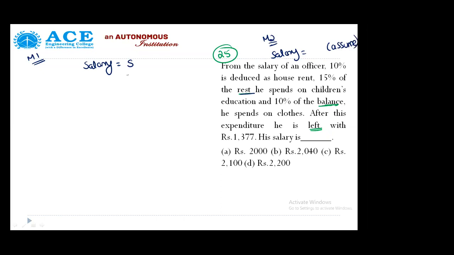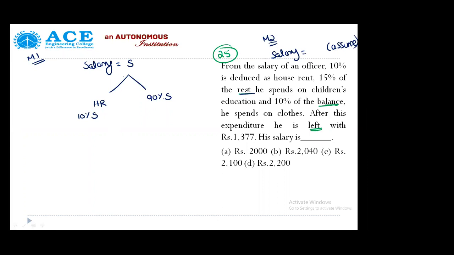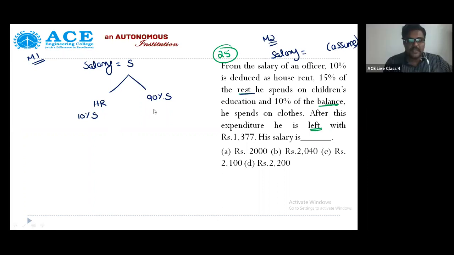Among salary, 10% is deducted for house rent. What remains is 90% of salary available. Already 10% is gone. Now, they mentioned 15% of the rest he spends on children's education.